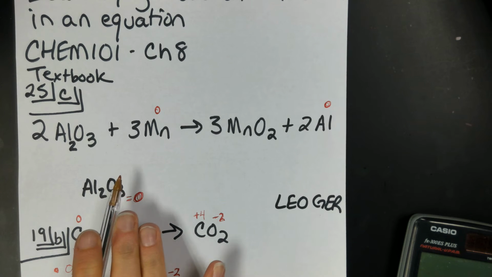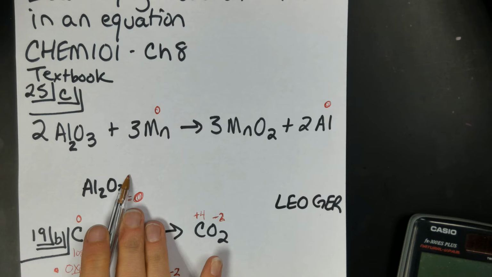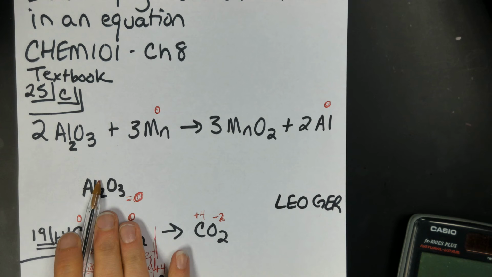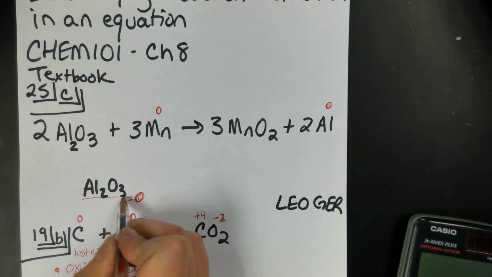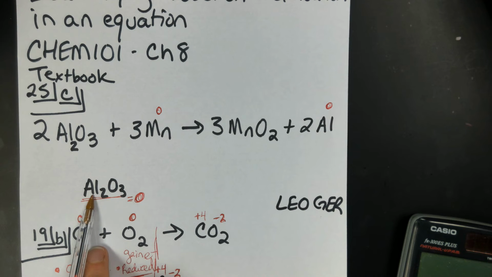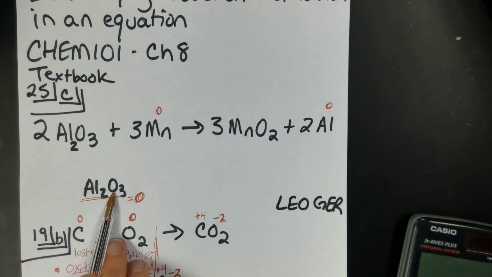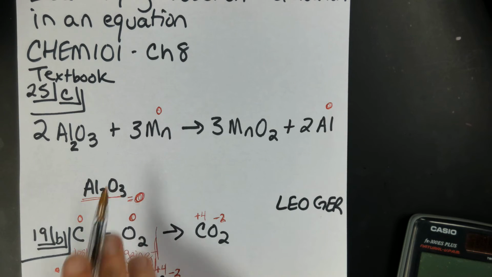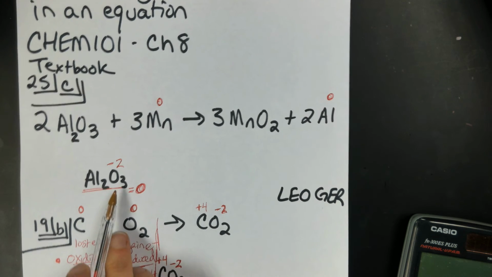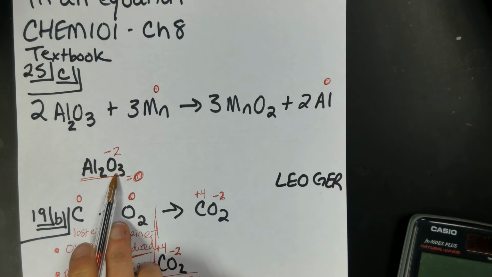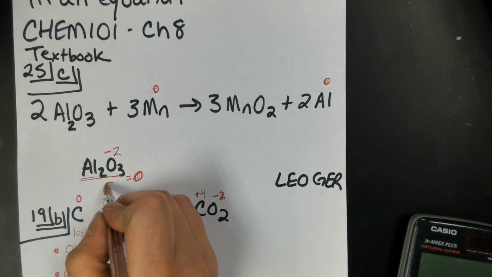Remember polyatomic ions? They had the charges. This is a compound that does not have a charge, so it has to total out to 0. I don't have a rule for aluminum exactly, but I do have a more solid rule for oxygen. This will be -2 each. And since there are 3 of them, a total of -6.